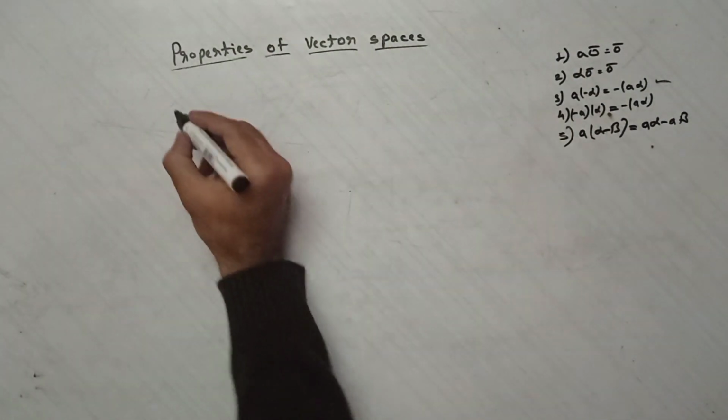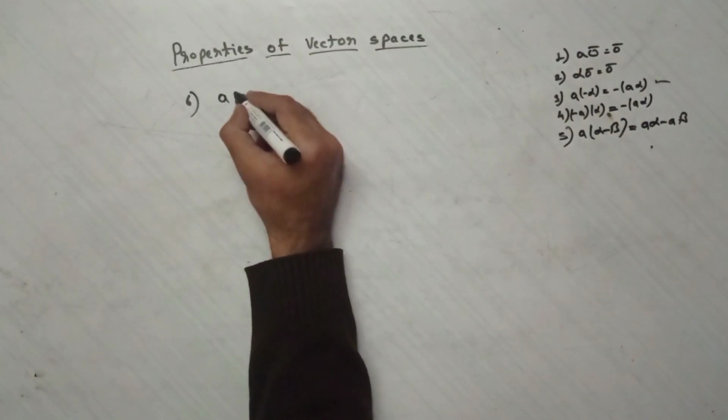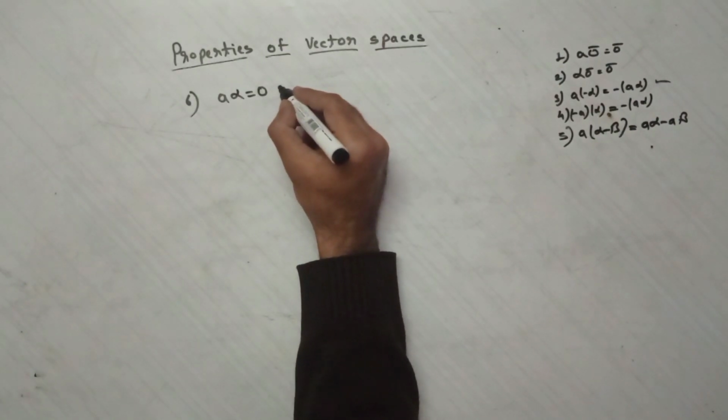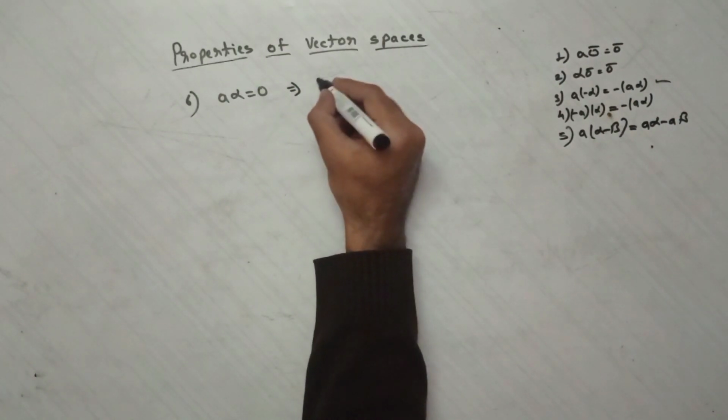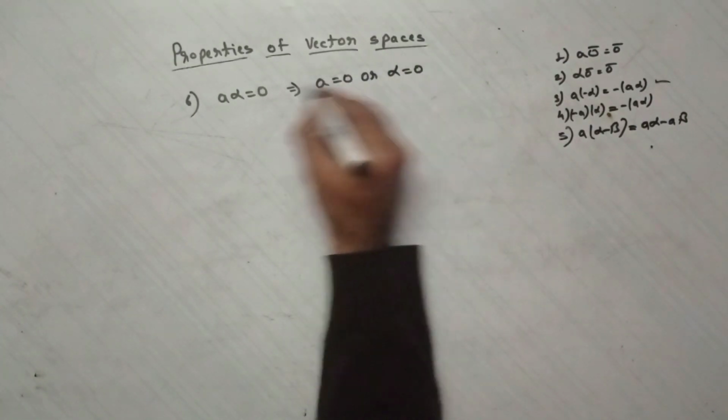The next property, the sixth one, says that a alpha equals 0 vector, which means a equals 0 or alpha equals 0 vector.